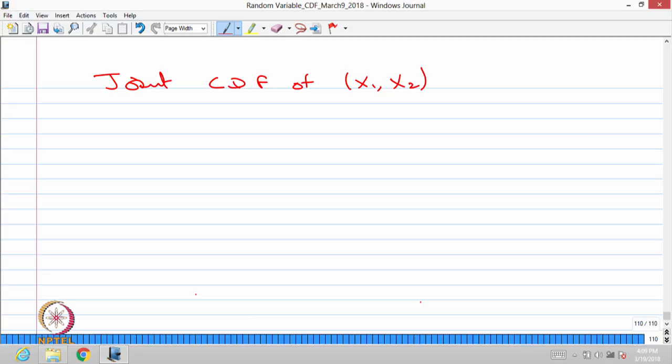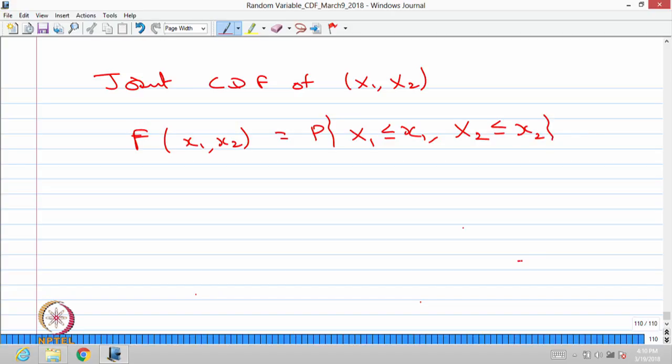It is x1 comma x2. The joint CDF can be written as the function F of x1 comma x2, which is nothing but the probability of capital X1 is less than or equal to small x1, capital X2 is less than or equal to small x2. Both x1 and x2 lie between minus infinity to infinity.